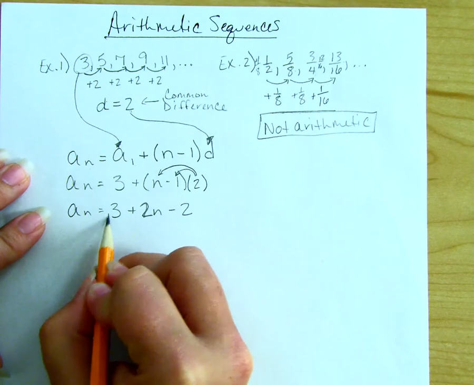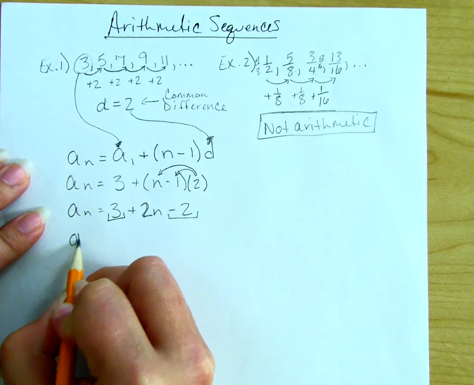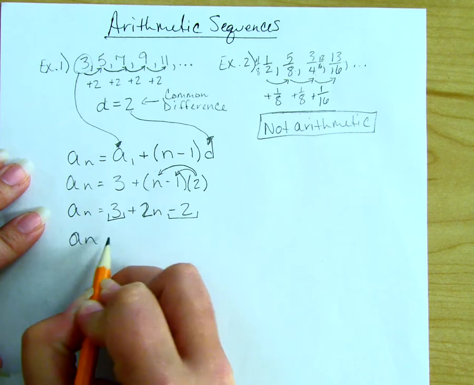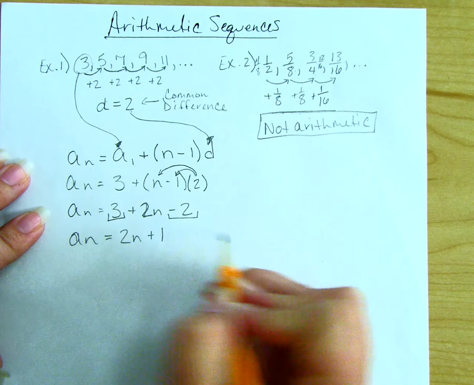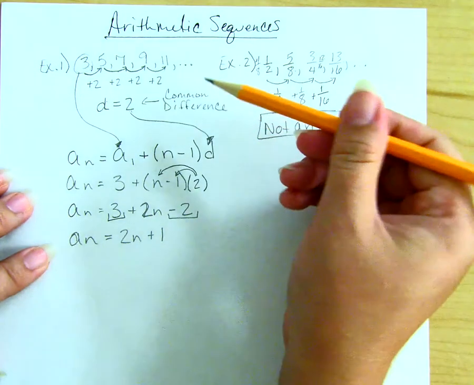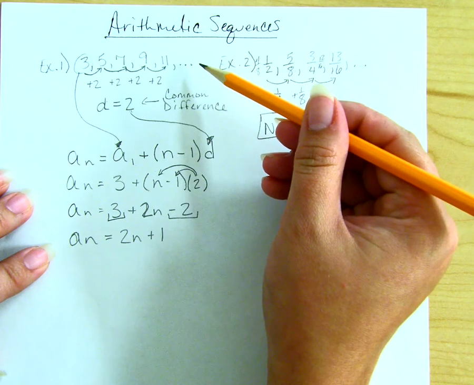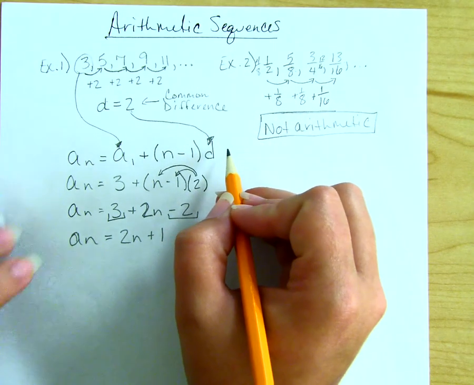Then I have some like terms. I have 3 and negative 2. So I can combine those terms and get a sub n equals 2n plus 1. This is the equation for this sequence of numbers. And it's an arithmetic sequence, so I use the formula for an arithmetic sequence.